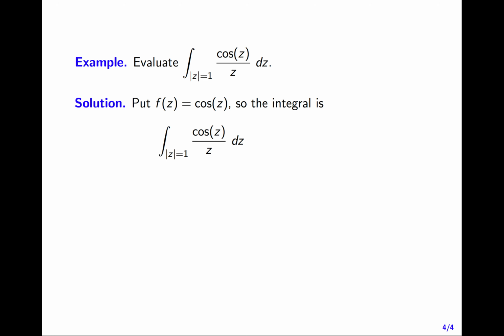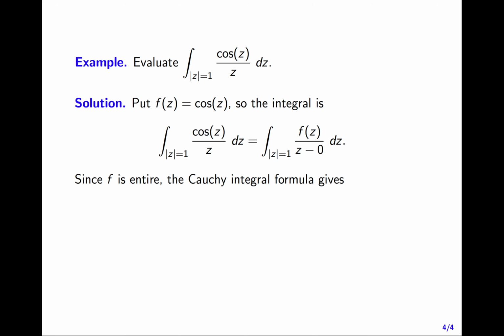So if we put f of z equal to cosine of z, that's the numerator here, then our integral becomes the integral over the unit circle of f of z divided by z minus 0. Now this second integral looks a lot like the integral that we get from the Cauchy integral formula. And what do we know about f? f is cosine of z, f is entire.